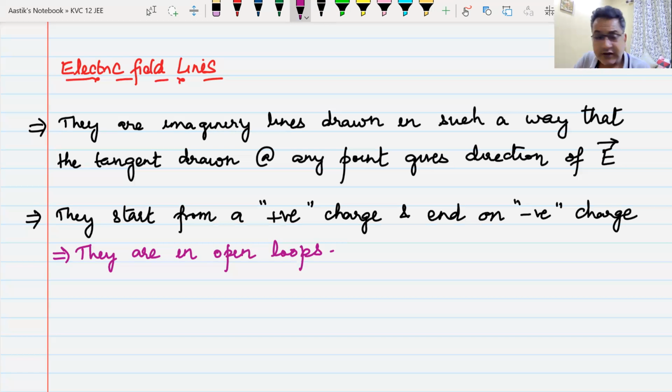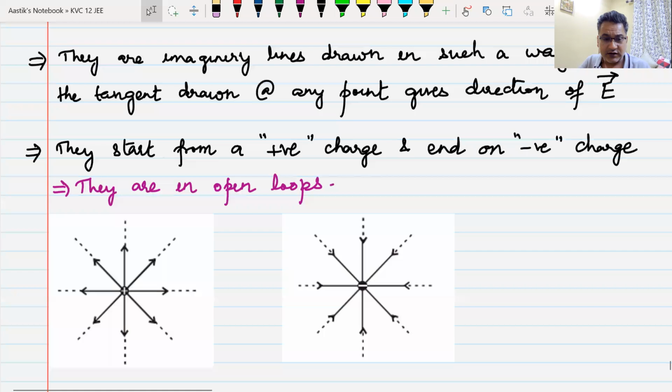If you see electric field lines going towards a point, that means there must be a negative charge over here. This is a positive charge and electric field lines are emerging out from it. Here you see a negative charge and electric field lines going towards that negative charge. Do we understand this? Yes.